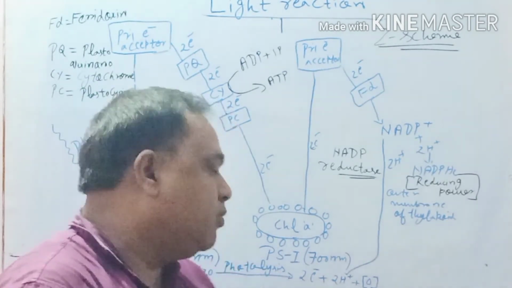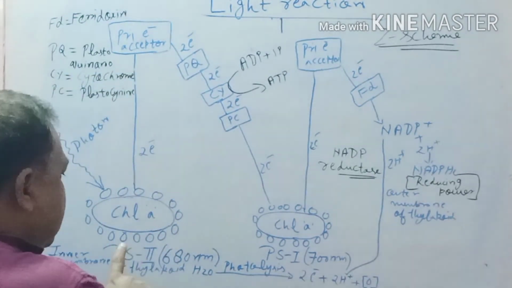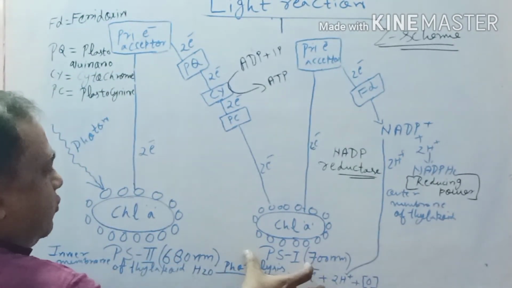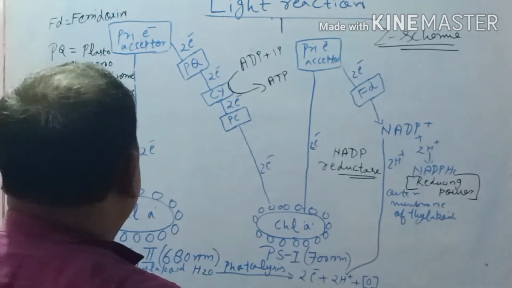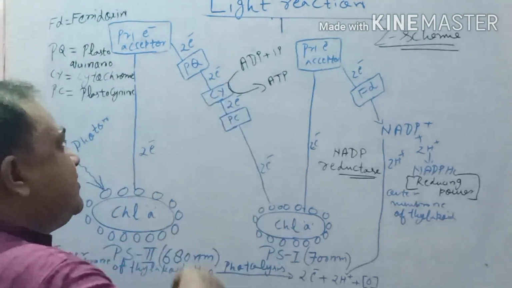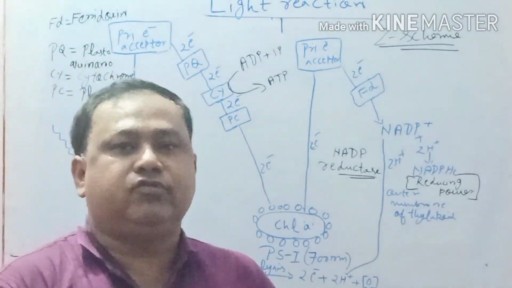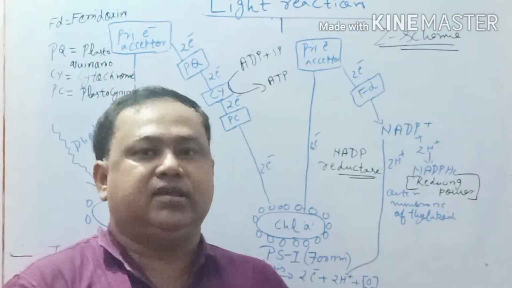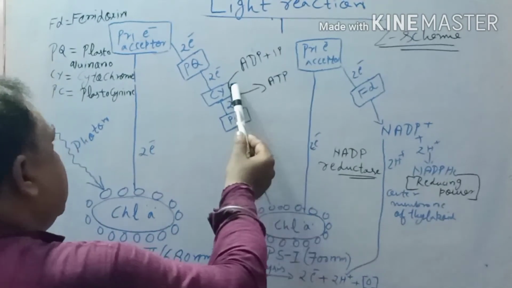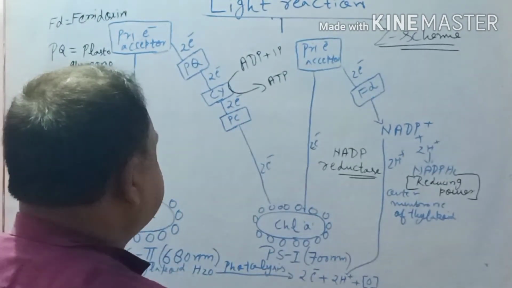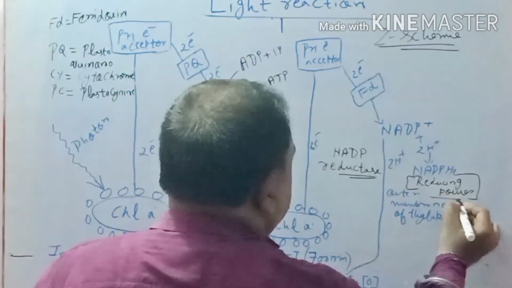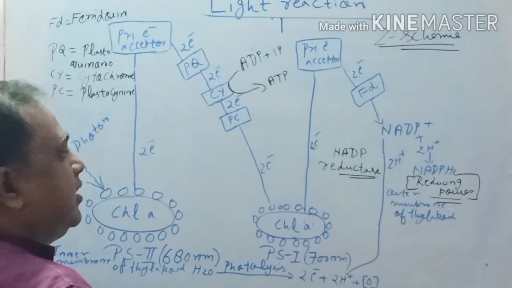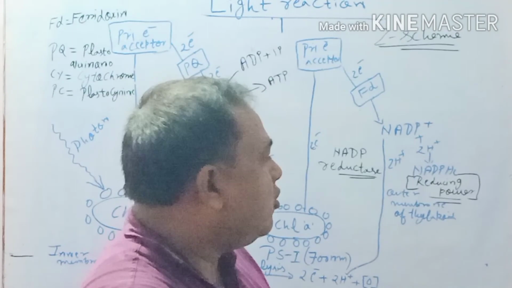Both photosystems, photosystem second and photosystem first, are involved. Another question arises here: what is the exact site of phosphorylation? In this case the site of phosphorylation is cytochrome. Another question: what is reducing power and where is it formed?